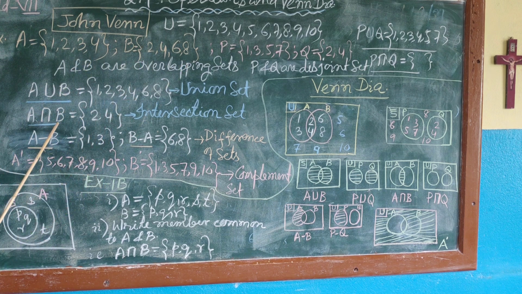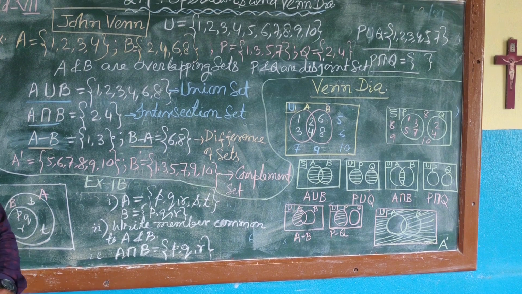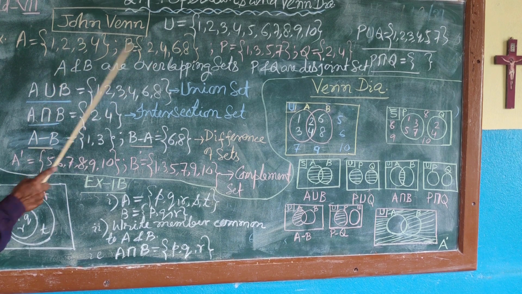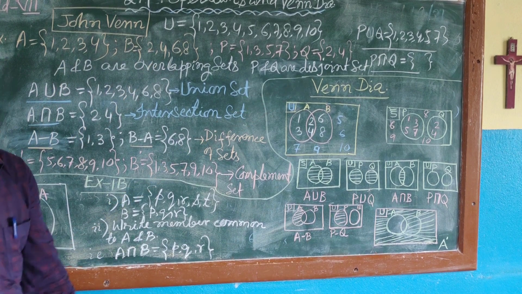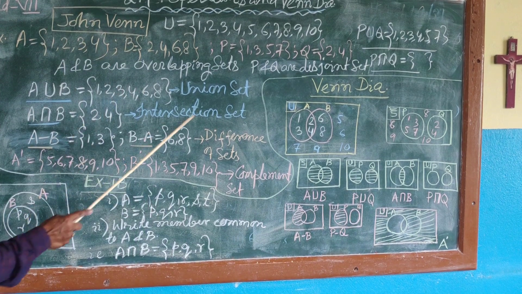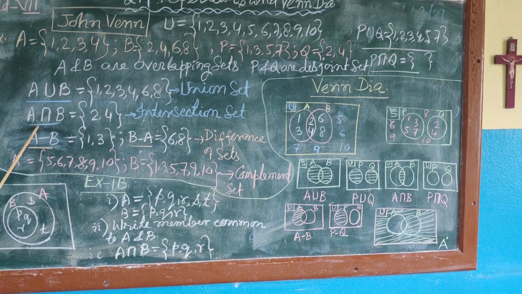So A intersection B, the reversed U is the sign of the intersection set. Between two sets, if the reversed U is put, it indicates a new set which is called the intersection of both sets. A intersection B is 2 and 4 because these two elements are common. They are intersecting there. To understand, 2 and 4 is the intersecting set, and the symbol is the reversed U.